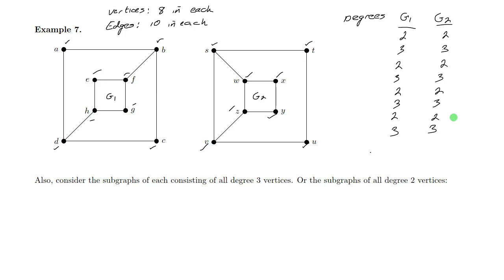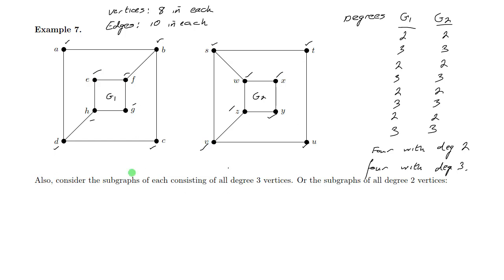So looking at those, we have 4 of each degree, 4 degree 2s and 4 degree 3s, and that happens in both of them. So that also doesn't give us a way to show that they're not isomorphic to each other.